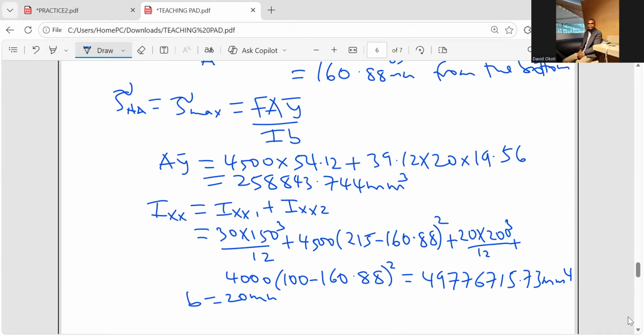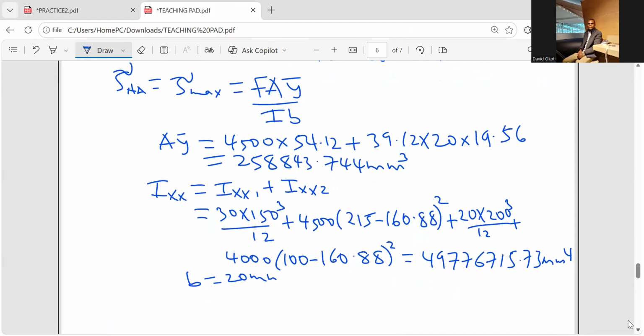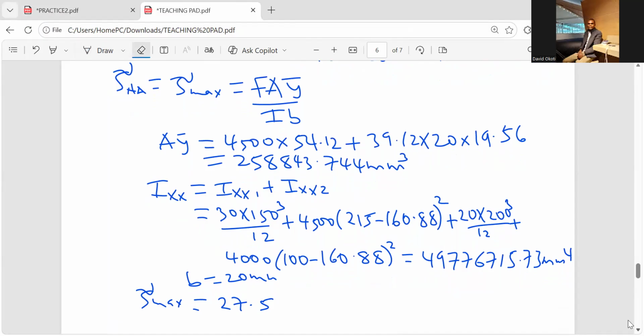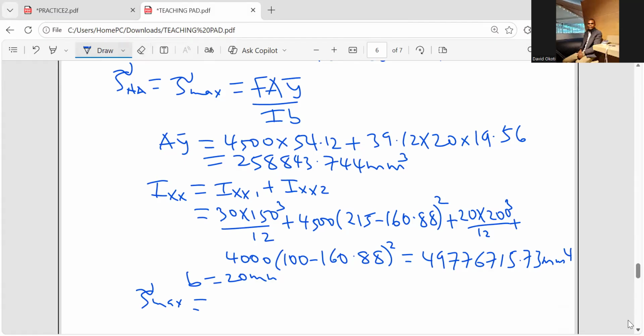Now we can substitute. The maximum shear stress is equivalent to F. F was 27.5. Allow me to change it to Newton so that it will be easier for plotting. We have 27,500.